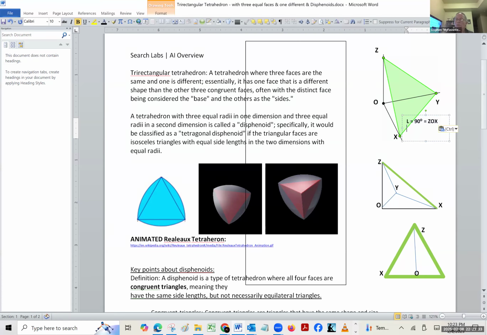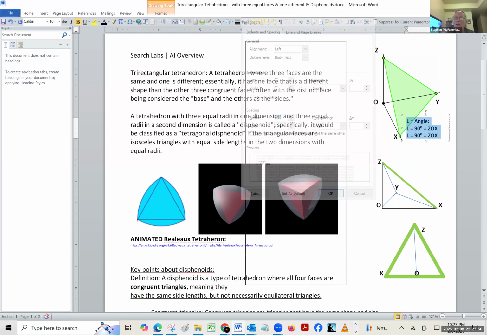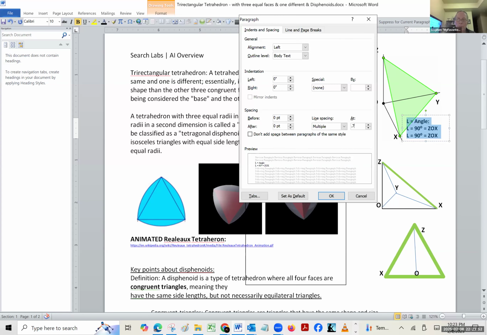I'll copy this 3 times. And we'll say, to clarify to the universe, L equals angle. Okay, then L at 90, and I'm going to just also get rid of some space here so that it jams in a little bit better. Okay, good.